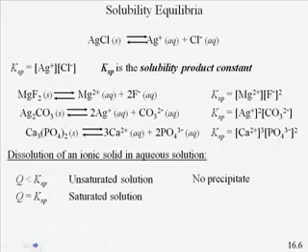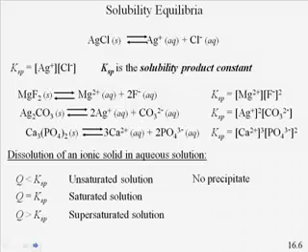If they're equal, we have a saturated solution, which again means everything's dissolved, but it's at the point where it can't dissolve anymore. And if Q is greater than K, we have a supersaturated solution, which means we're going to see a precipitate. We're going to see some of that solid crystallize out of solution.